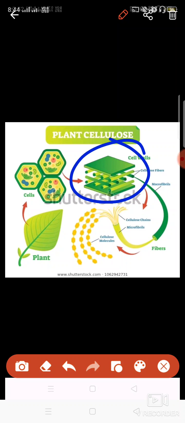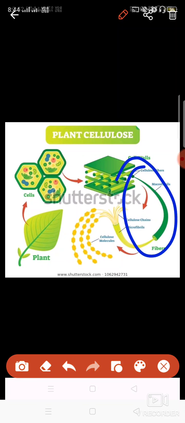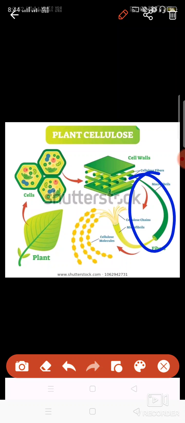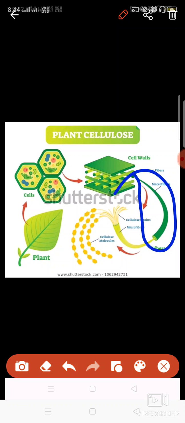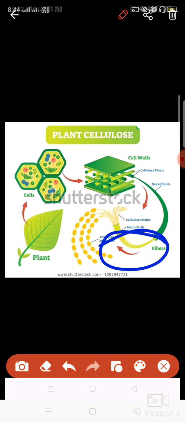This is a cell wall made up of cellulose fibers. If we take one macrofiber and enlarge it, we will see that these macrofibers, meaning the larger fibers, are made up of much smaller fibers, the microfibers of cellulose.